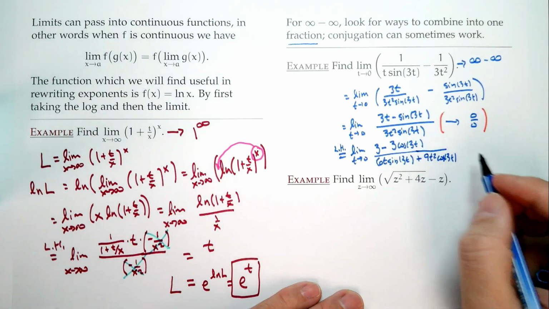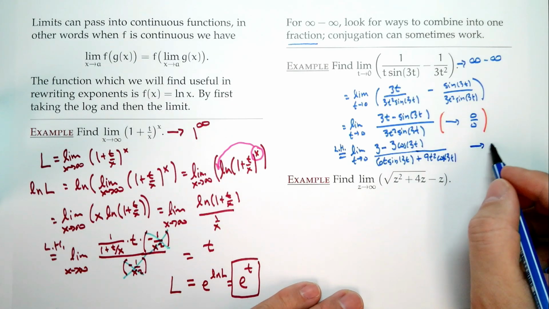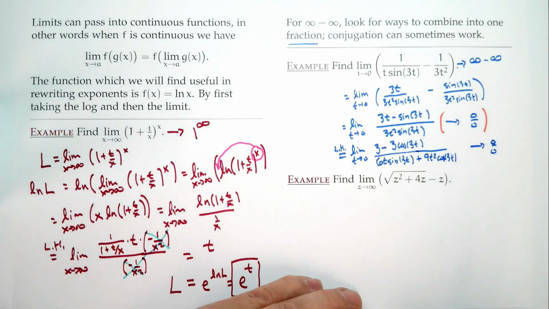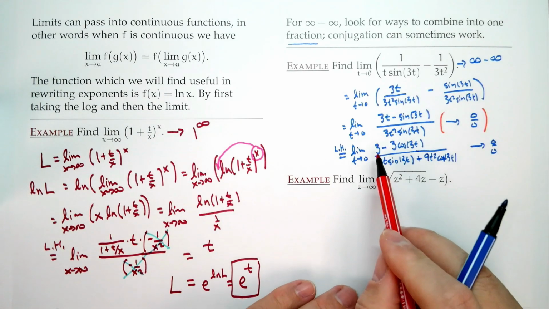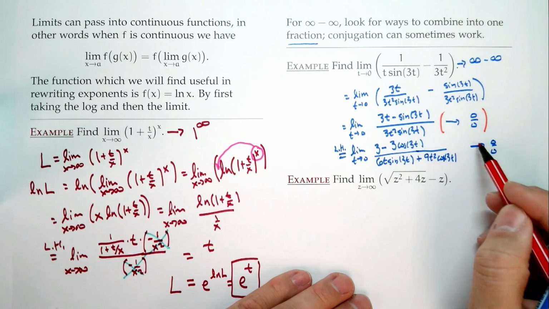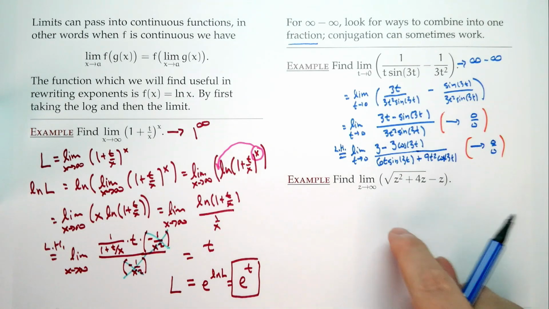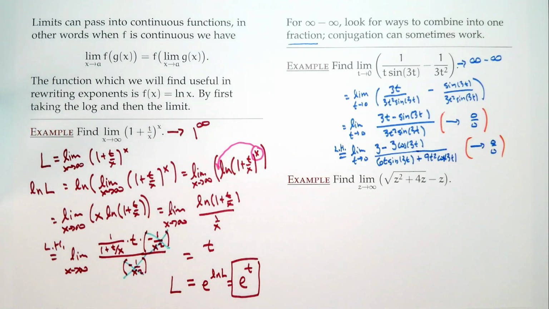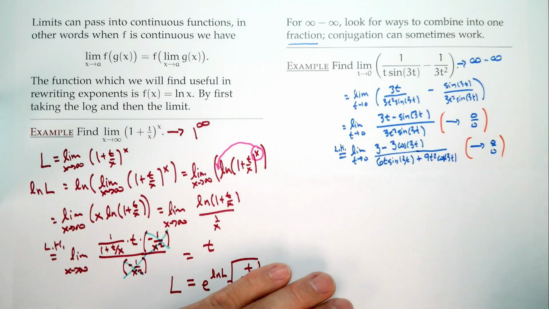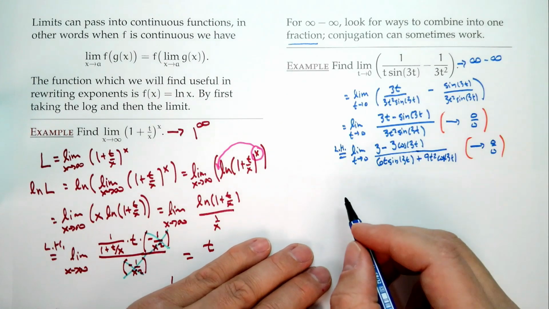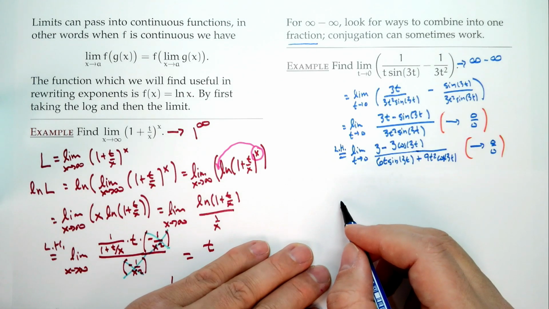Now what does this go to? Well, this is going to go to 0 over 0, right? Because upstairs you get 3 minus 3, which is 0. Downstairs we have a bunch of stuff. And, well, we didn't plan well. That's okay. We'll just continue on this piece of paper here. All right, so 0 over 0, what do we do?